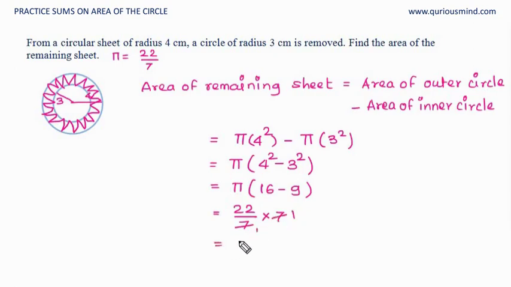So the area is 22 centimeters square. We will learn an identity, how we can use that identity to solve such kind of sums when we have bigger numbers in next sum.